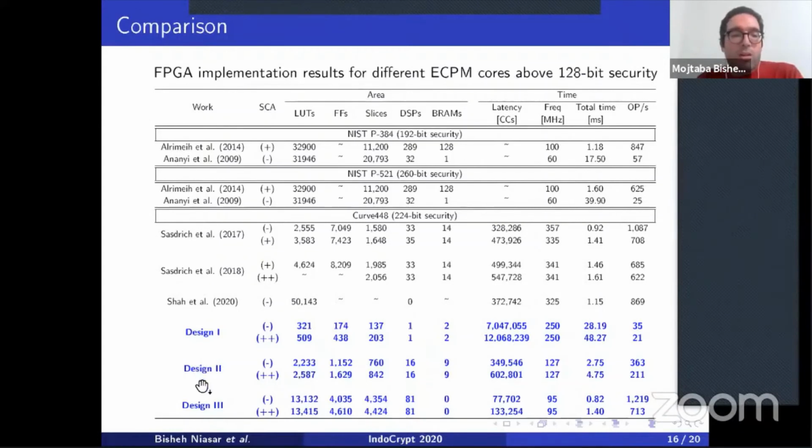Our efficient design needs almost the same cycles compared to previous work, with fewer resources, while the high performance design can increase the throughput at the cost of increasing the required cycles.